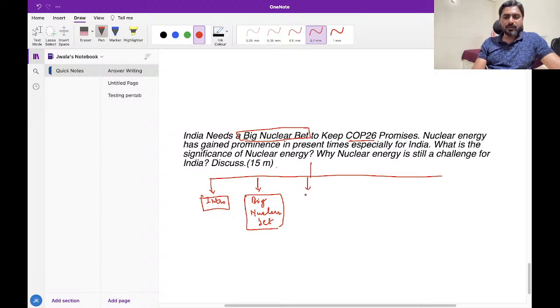Then you have to point out the significance of nuclear energy, and why it is still a challenge for India, or the bottlenecks.